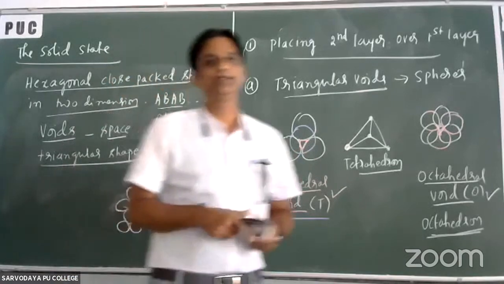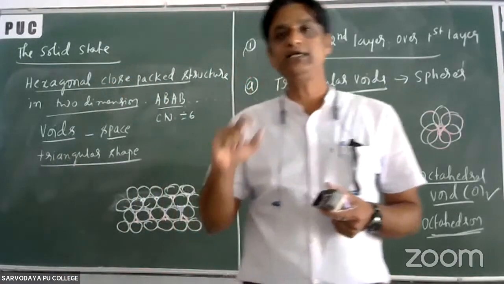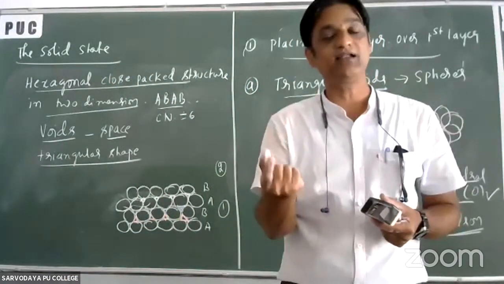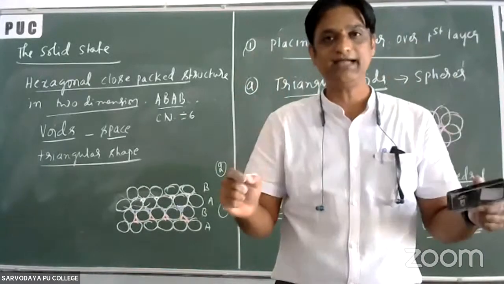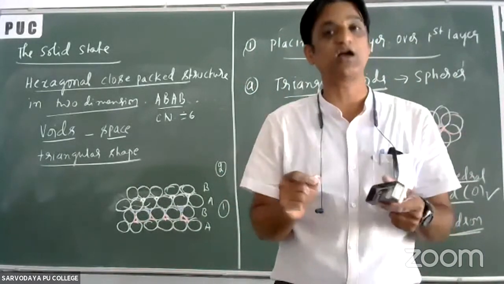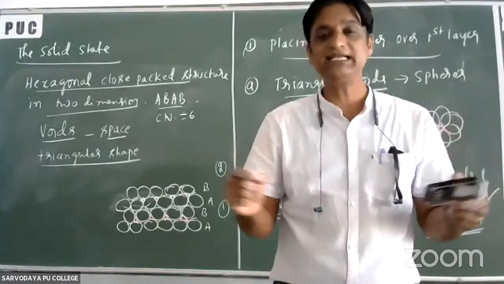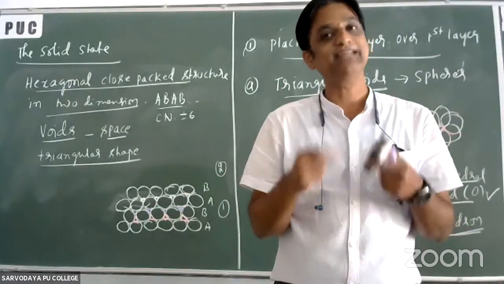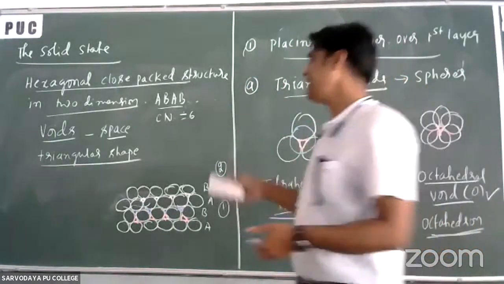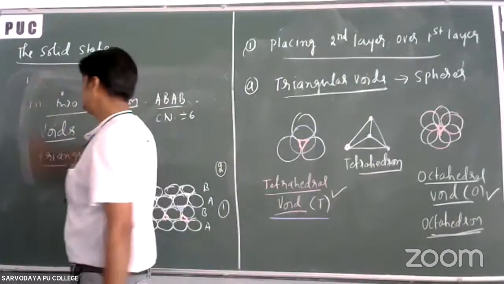Very important. How many tetrahedral voids and how many octahedral voids are generated when a 3-dimensional structure is formed, when a crystal lattice is formed? That you have to understand. Okay. So this is very important.